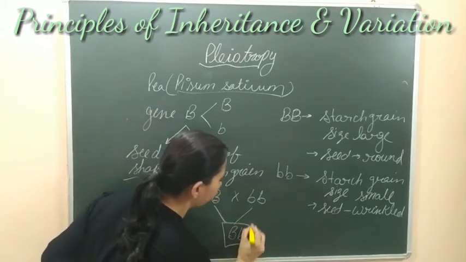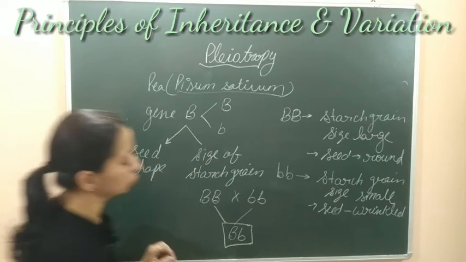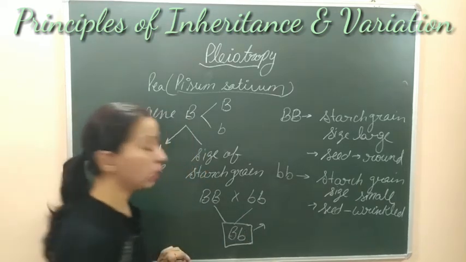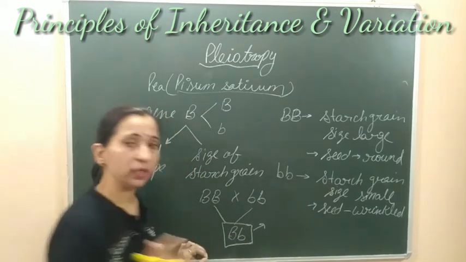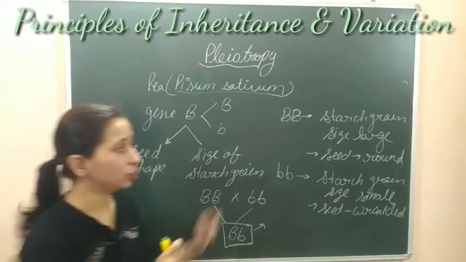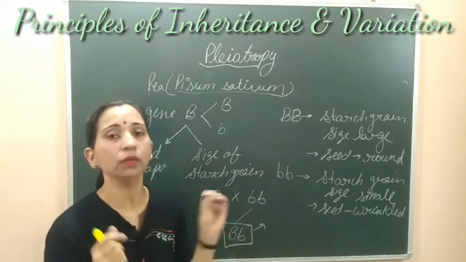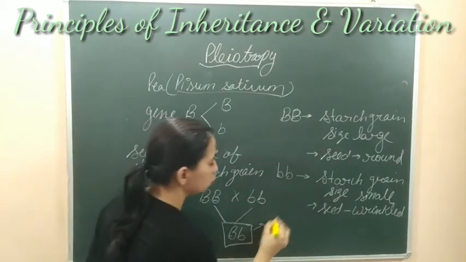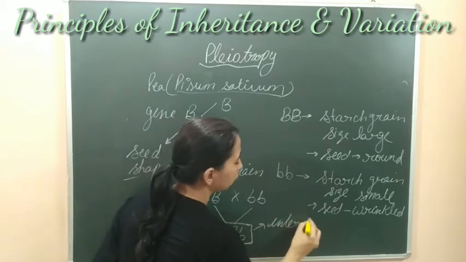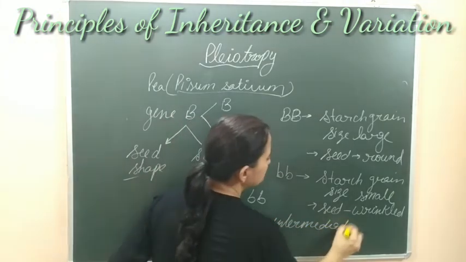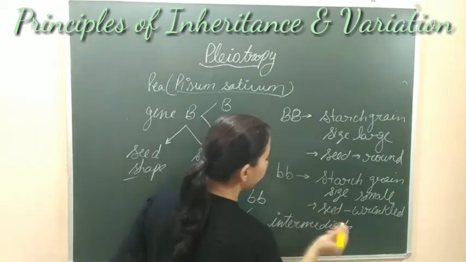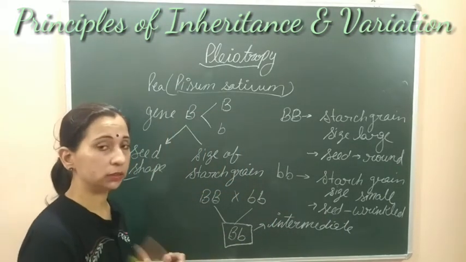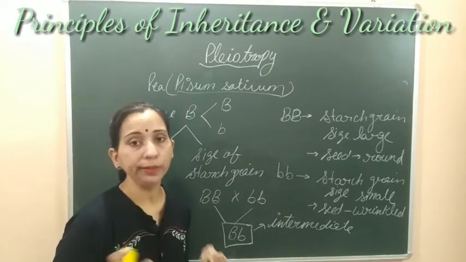In the plants formed here, the starch grain size will be not large and not small. It will be intermediate. So we can say that this is also showing another type of inheritance, that is incomplete dominance.